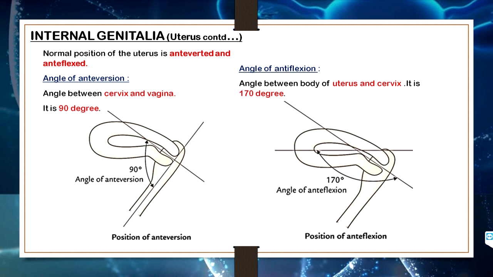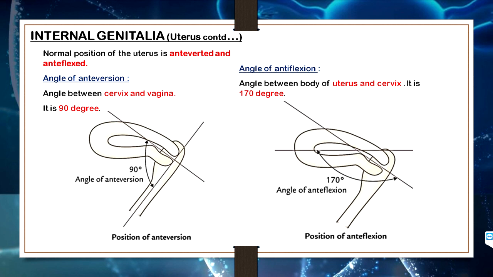As you can see in the diagram, it is the angle between the cervix and the vagina, and it is a 90-degree angle.